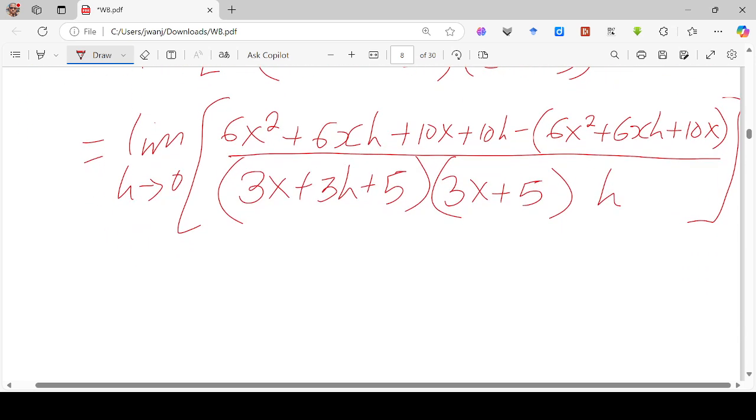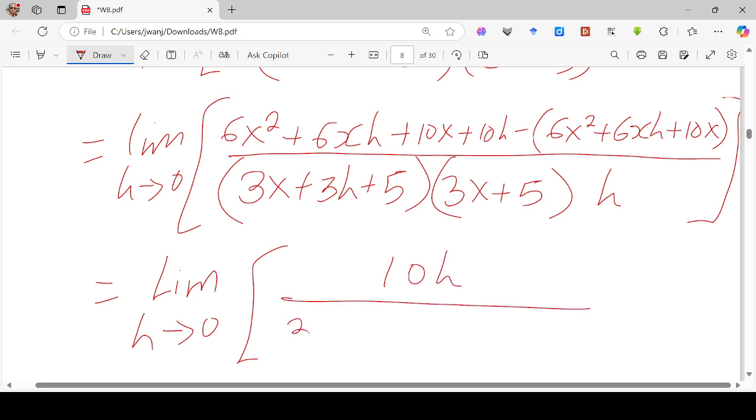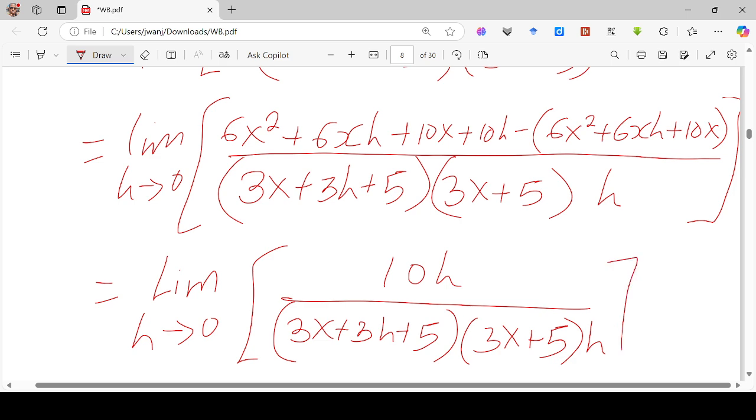Now, the numerator, we can simplify. So we have 6x squared minus 6x squared, which is 0. 6xh minus 6xh is 0. Then 10x minus 10x is 0. So in the numerator, only 10h remains. So we get the limit as h approaches 0. The numerator, we get 10h. And the denominator, we have 3x plus 3h plus 5 multiplying 3x plus 5 multiplying h.